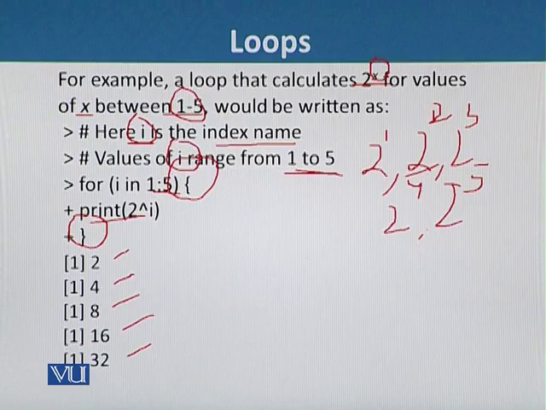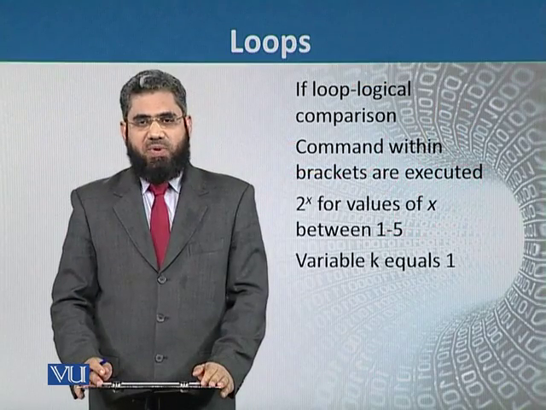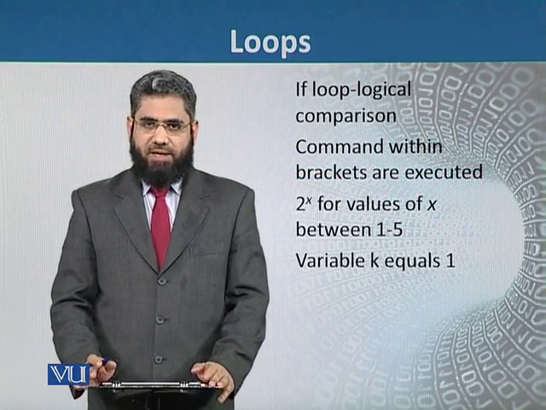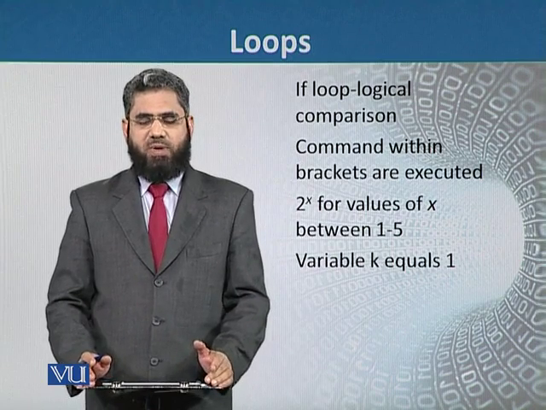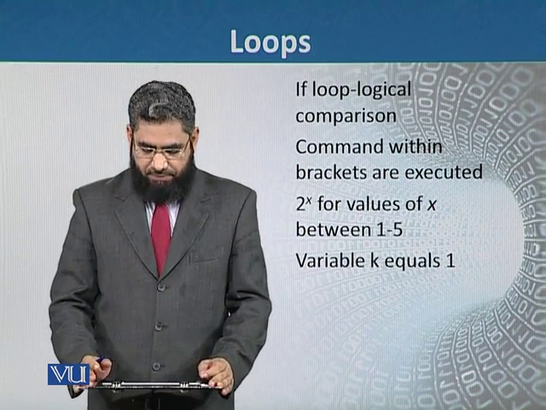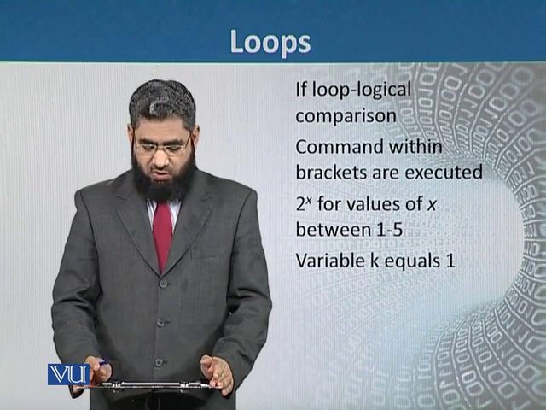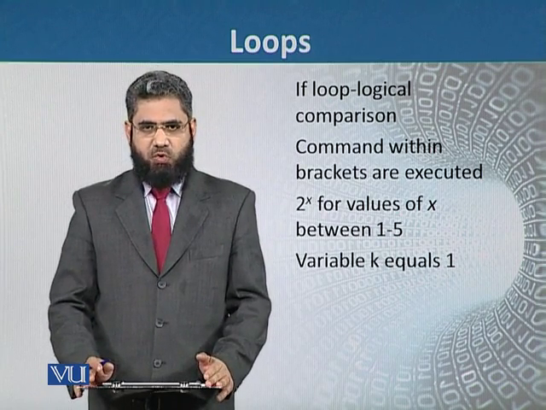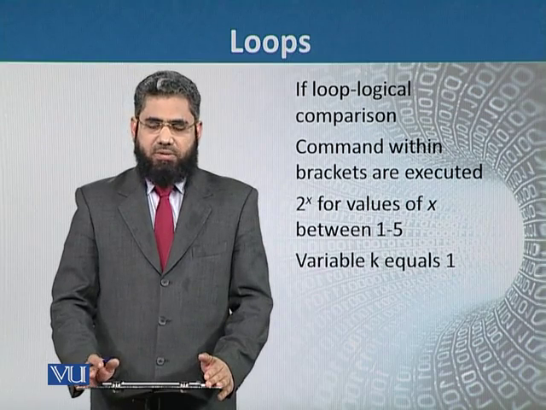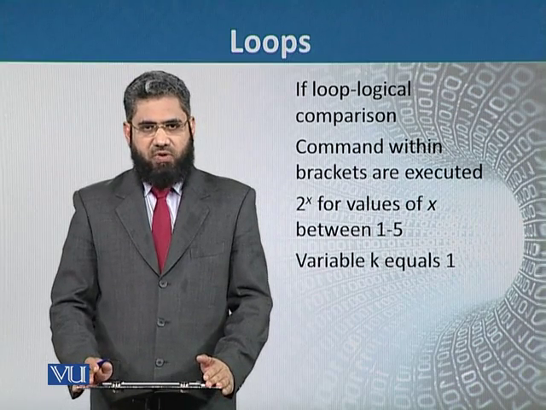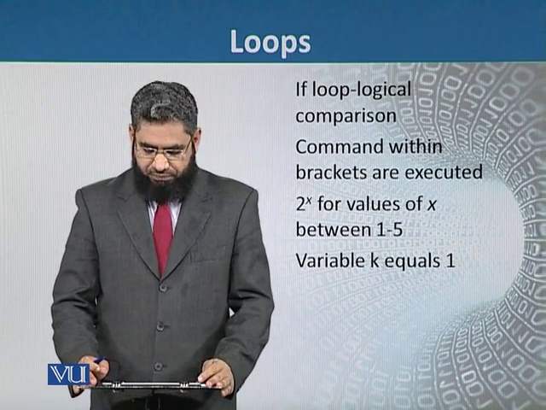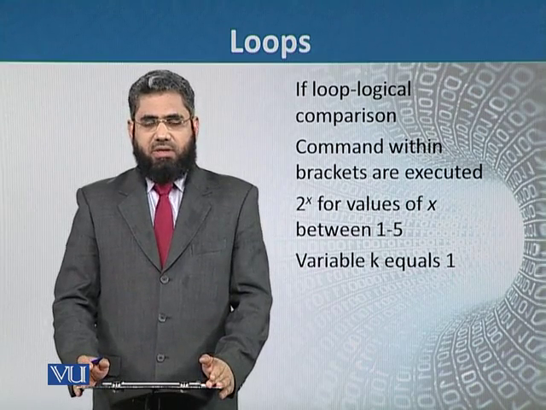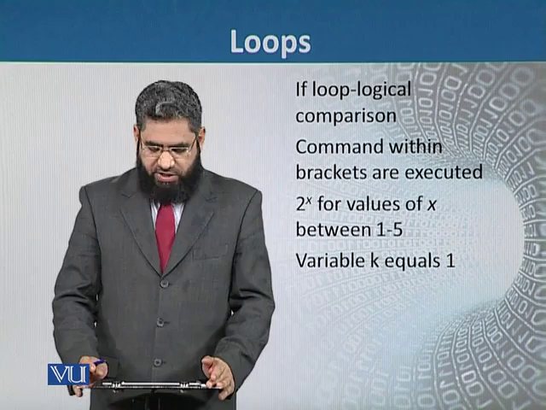The second type of loop is the if loop, and the function of the if loop is that it analyzes some logical comparison, and if the logical comparison is true, then it will proceed, and the command within the brackets will be executed.